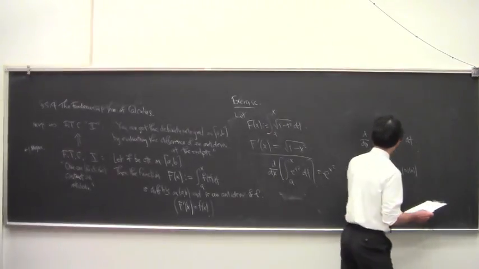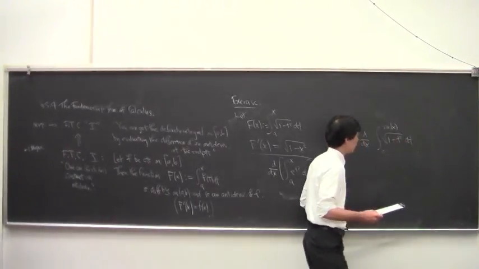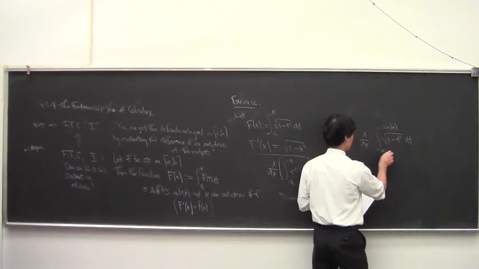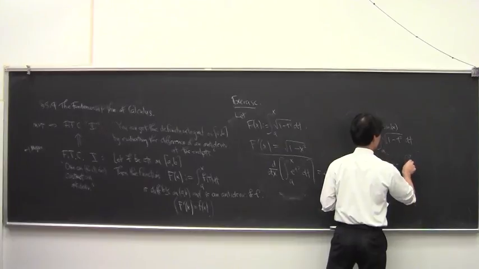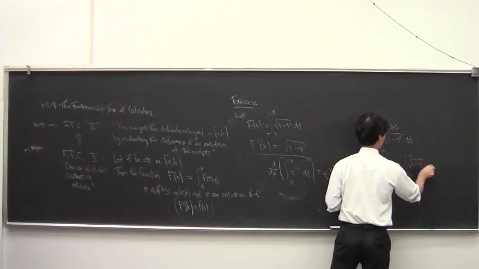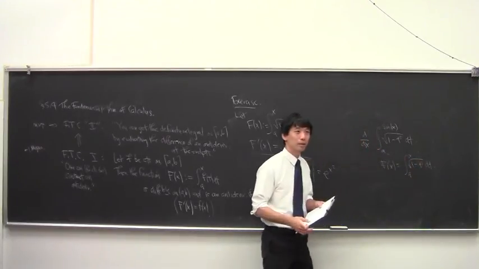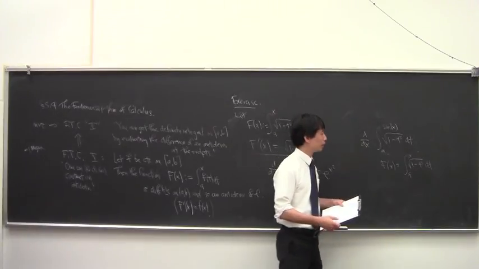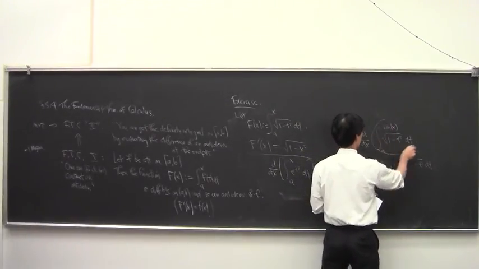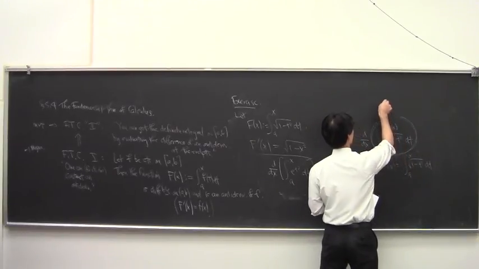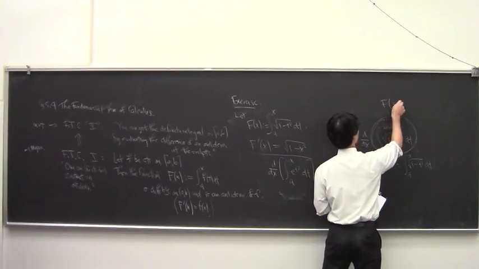So let's see what this is. Let me break it down. You've got f of x. Let me write it like this. If I let this be this, then my function here I'm going to write as f of sine x.